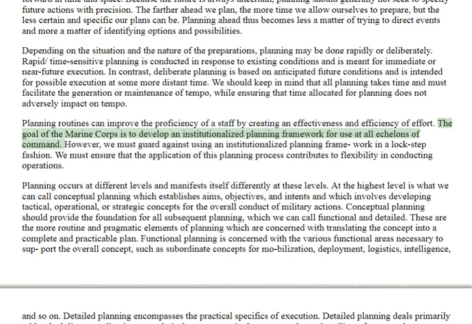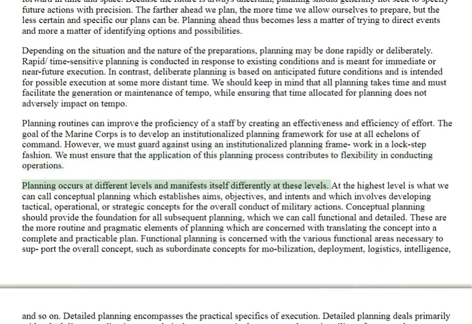The goal of the Marine Corps is to develop an institutionalized planning framework for use at all echelons of command. However, we must guard against using an institutionalized planning framework in a lockstep fashion. We must ensure that the application of this planning process contributes to flexibility in conducting operations.